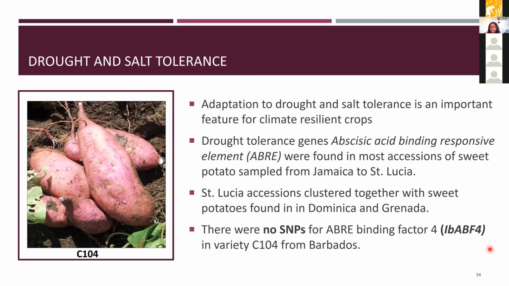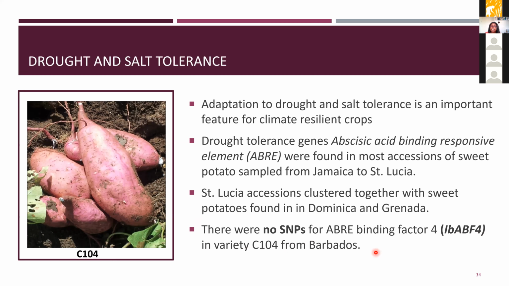IB meaning Ipomoea batatas, abscisic acid responsive element binding factor 4, IbABF4. But we found that when we looked at the Barbados variety, the one we had, there were no mutations or genes that were mutated for that in the C104. We could not find any hits in our database for C104 and this particular drought resistance gene.